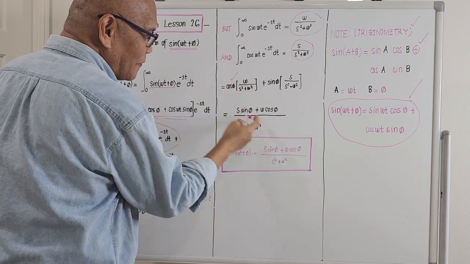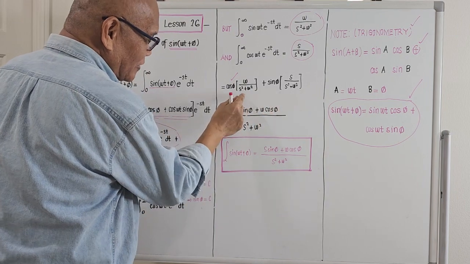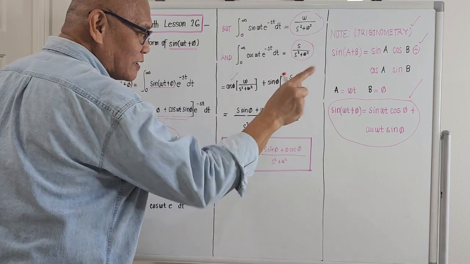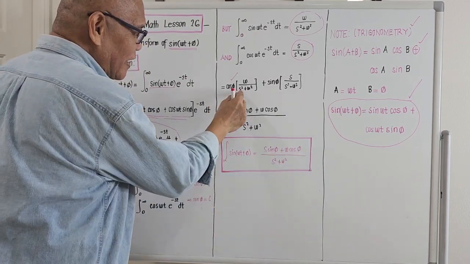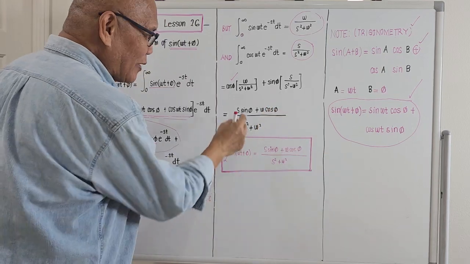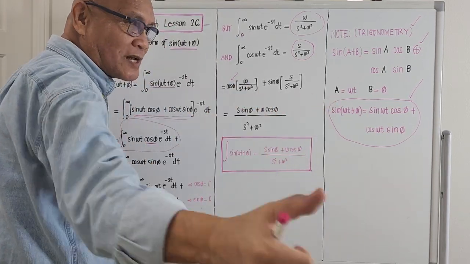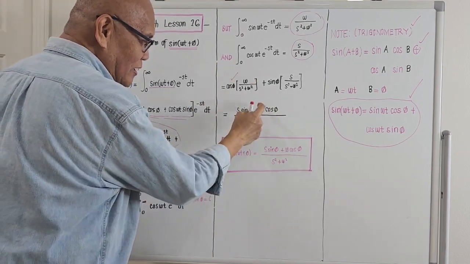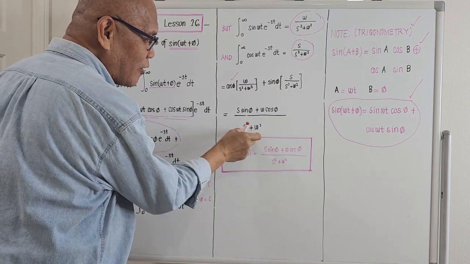Omega cosine of angle P will be omega times cosine of angle P. Their denominators are the same, so we will just rewrite the numerators under one denominator. That is algebra, okay? So this is s sine of angle P plus omega cosine of angle P all over s squared plus omega squared, the common denominator.